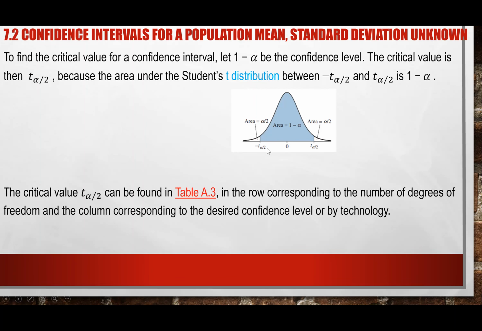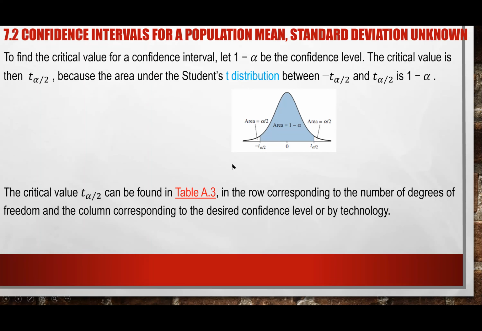As you can see, the t critical value is very similar to the z critical value. The area is the level of confidence, 1 minus alpha, and alpha is the leftover. On the left-hand side we have a negative t value, and on the right-hand side a positive t value, just like the z critical value.